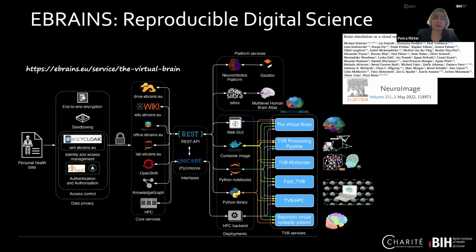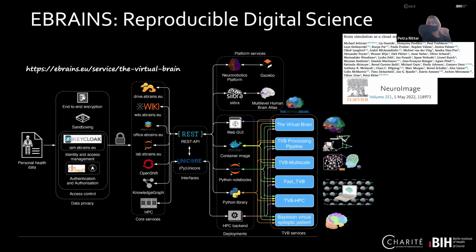In Europe, you might know, we had for 10 years the Human Brain Project funded by the European Commission, and one output of the European Human Brain Project was a digital platform for neuroscience, which continues to exist and which is now funded by various contributing projects.